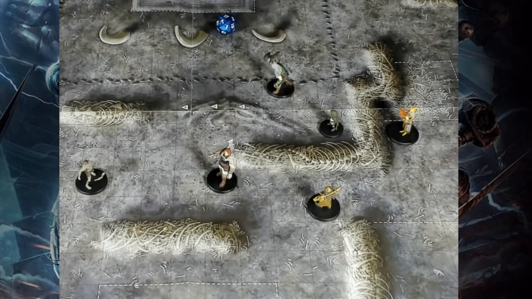And so when they make their Constitution saving throw, the DC is based on 5 plus the damage taken, so the DC is not going to be very high, which means that with the high Constitution modifier a zombie has, which is a +3 to whatever you roll on your 20-sided dice, the chances are they're going to do reasonably well.